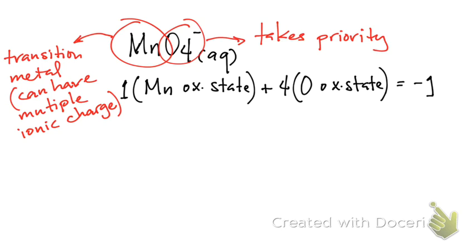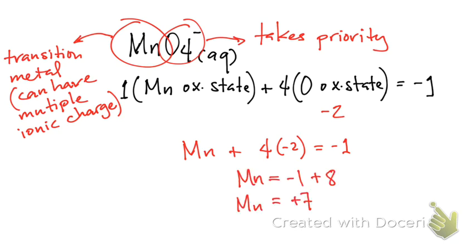And so the oxidation state of oxygen is -2. And so we can plug it into the formula. So manganese plus 4 times the oxidation state of oxygen, which is -2, equals -1. And then you just do the math here, and we will get a +7 oxidation state for manganese.